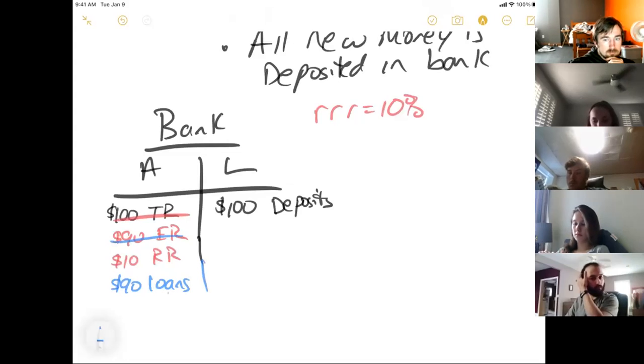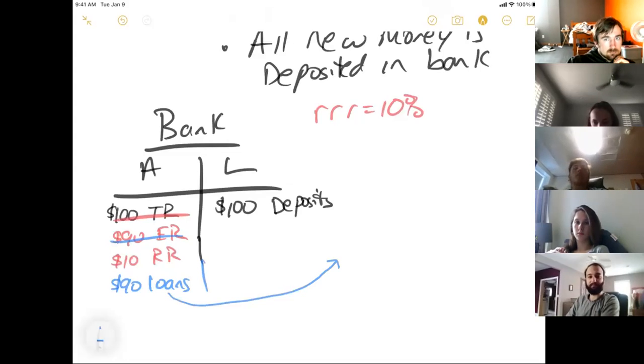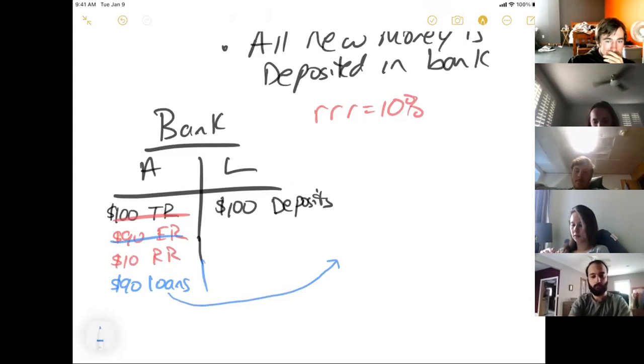So $90 in loans, the bank makes a loan. They make a loan to Colin, who is buying Super Bowl tickets for next year because he knows rightly that the Browns are going to the Super Bowl, and it's a good deal if you get them early. So Colin buys some tickets to the Super Bowl. You know, he buys it from Ticketmaster.